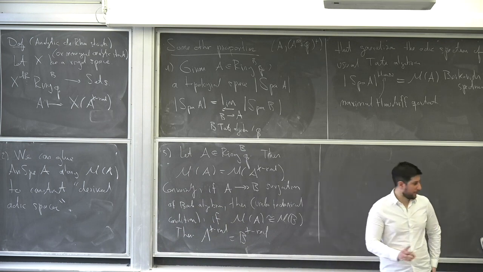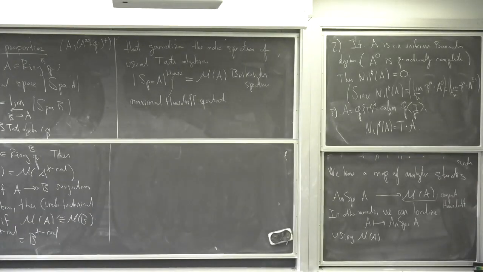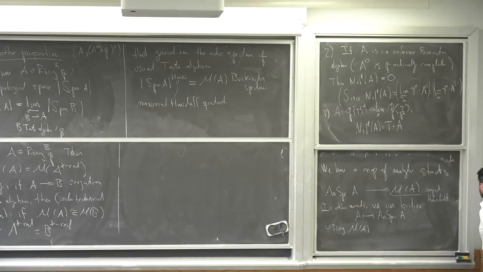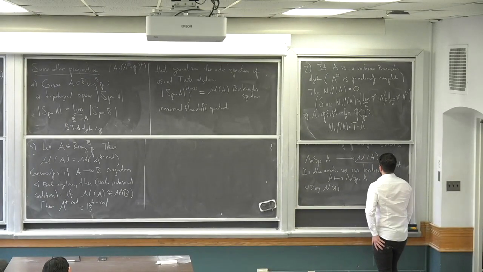But also you have this analytic stack of norms on A, and you have this analytic Berkovich stack. Is this the same?